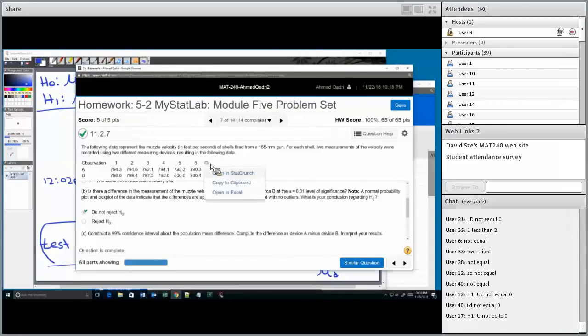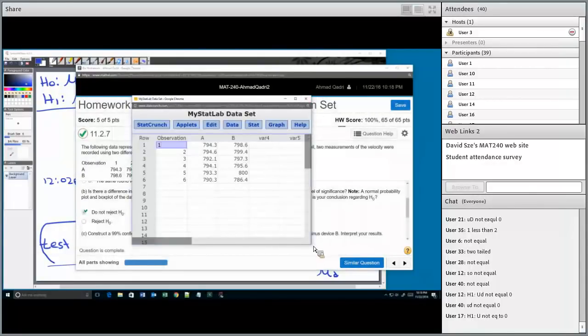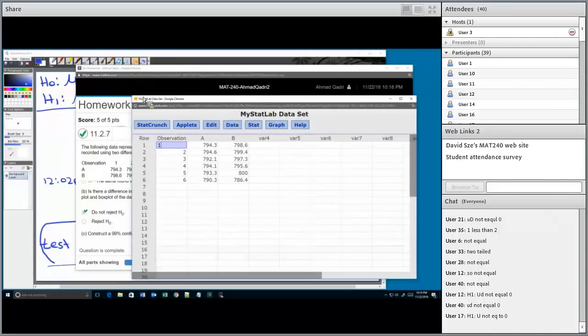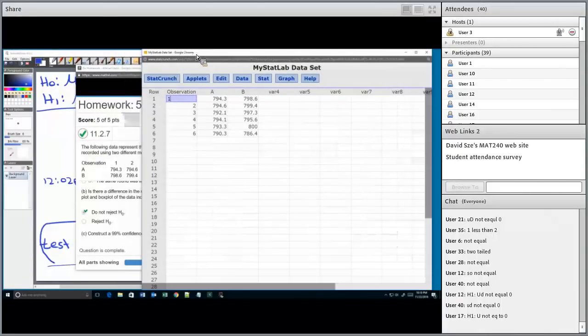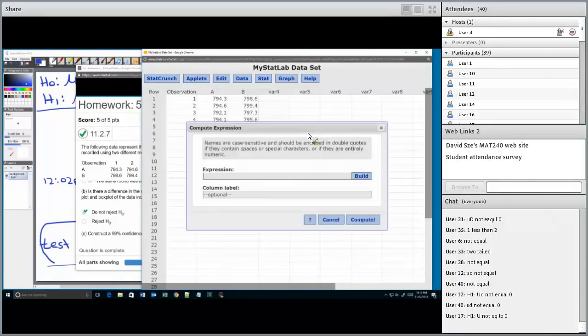So I'm going to open this in StatCrunch. And here it is. If you did want to do it manually, here's one way to do it. When the data opens here, you can go to Data, Compute, Expression.